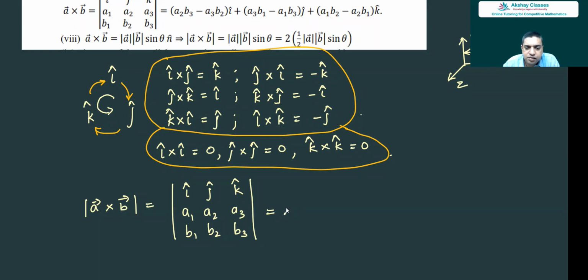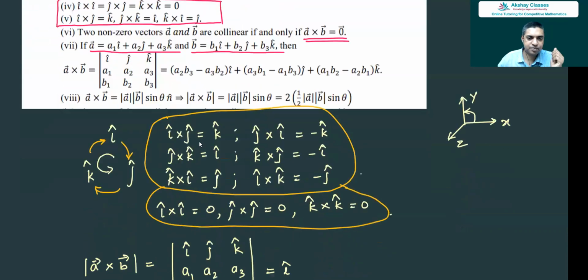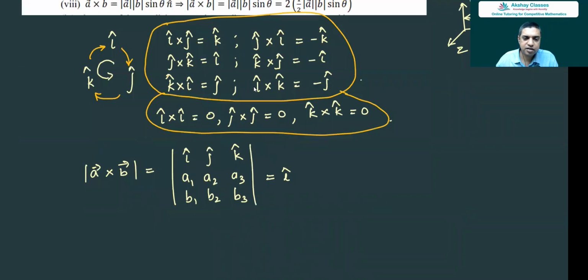Now just evaluate the determinant. So I times (A2 B3 minus A3 B2) minus J times (A1 B3 minus A3 B1). When you take the minus sign inside, you will get (A3 B1 minus A1 B3) times J plus K times (A1 B2 minus A2 B1). So this is how we find the cross product.